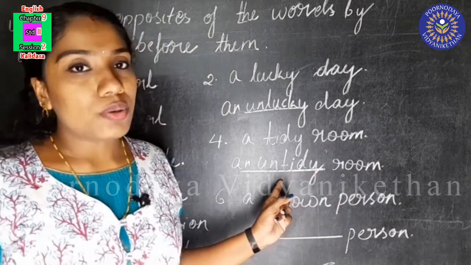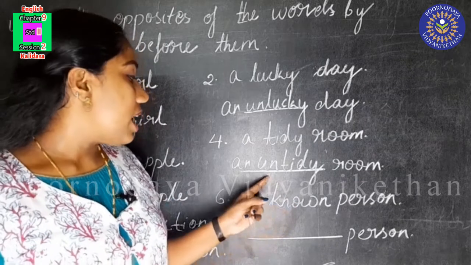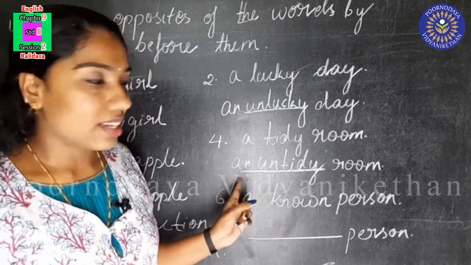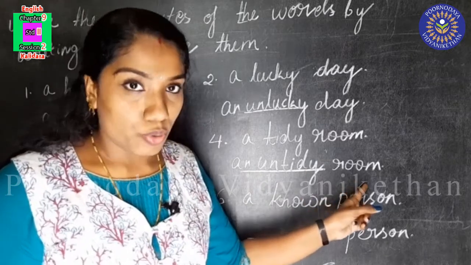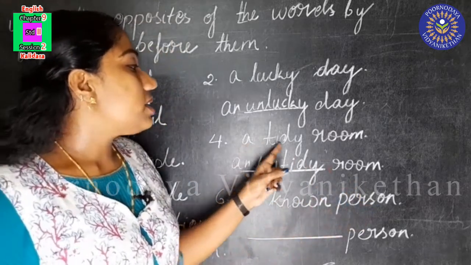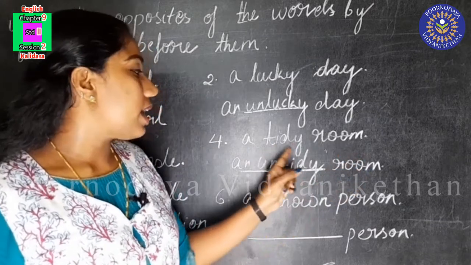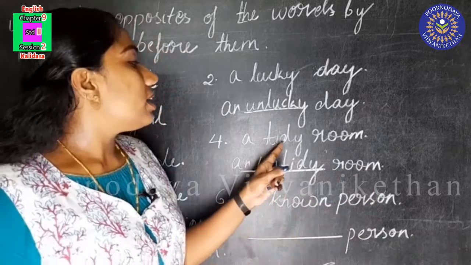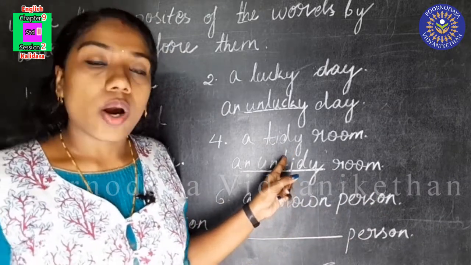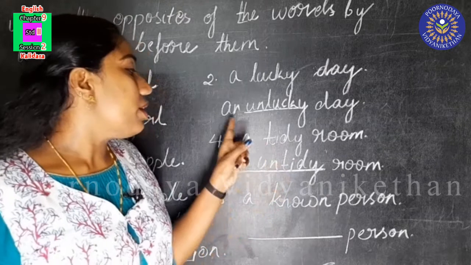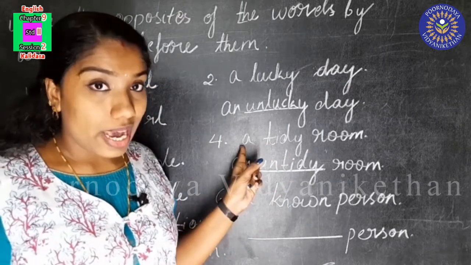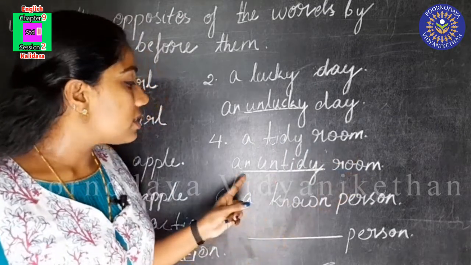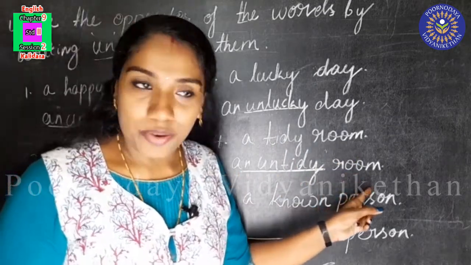Untidy starts with a vowel sound, and in front of the vowel sound we added an. An untidy room. Here tidy, t sound is consonant sound. So in front of the consonant sound we added article a. A tidy room, an untidy room.